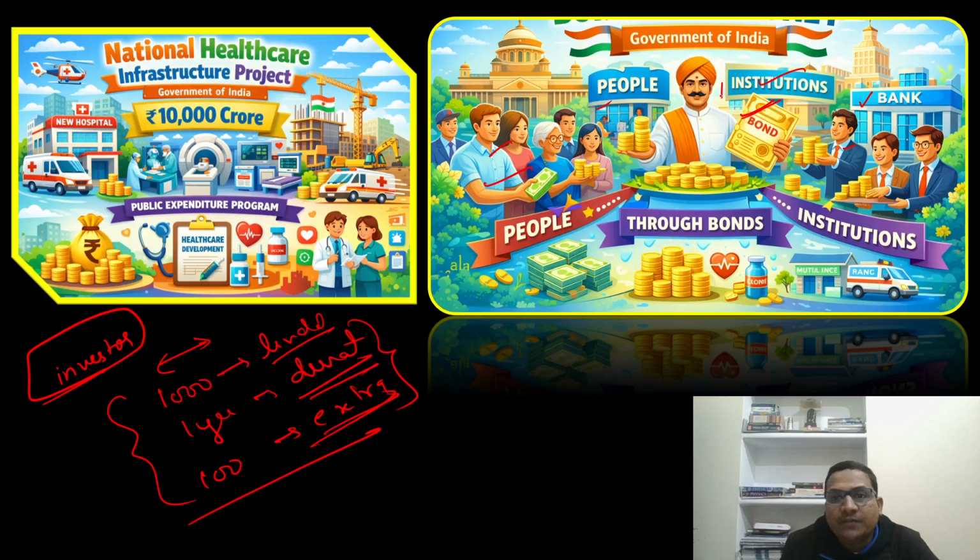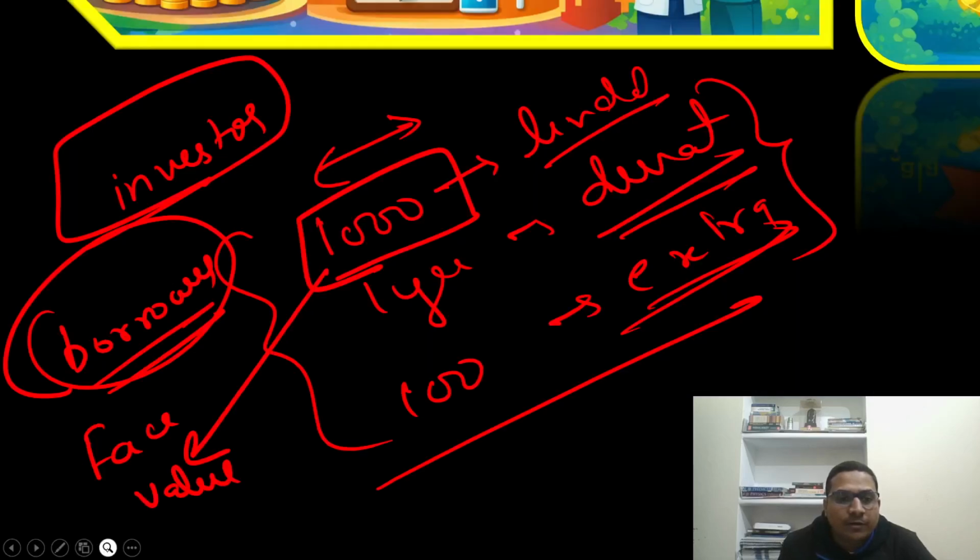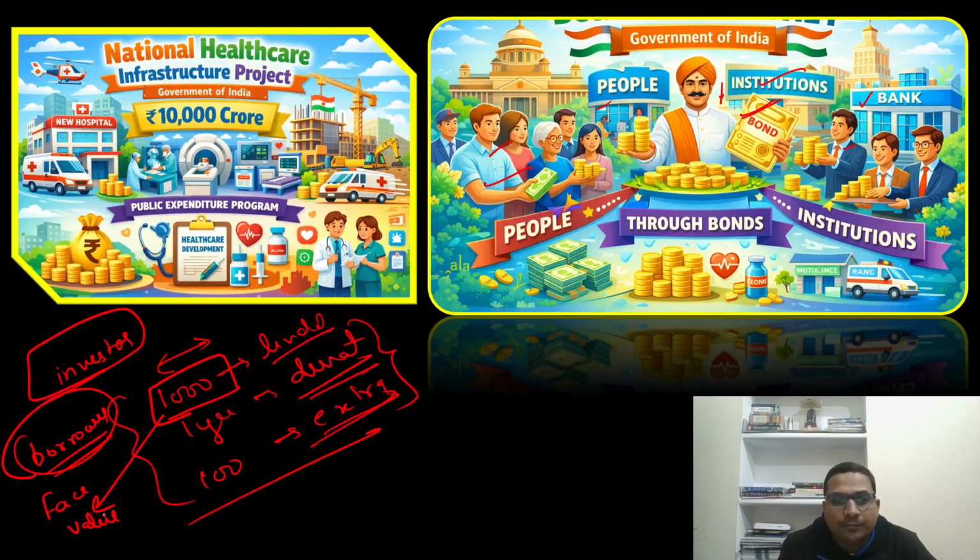The government is the one who is borrowing the money, so the government becomes the borrower. You become the investor, the government becomes the borrower, and the amount they are taking is called its face value.